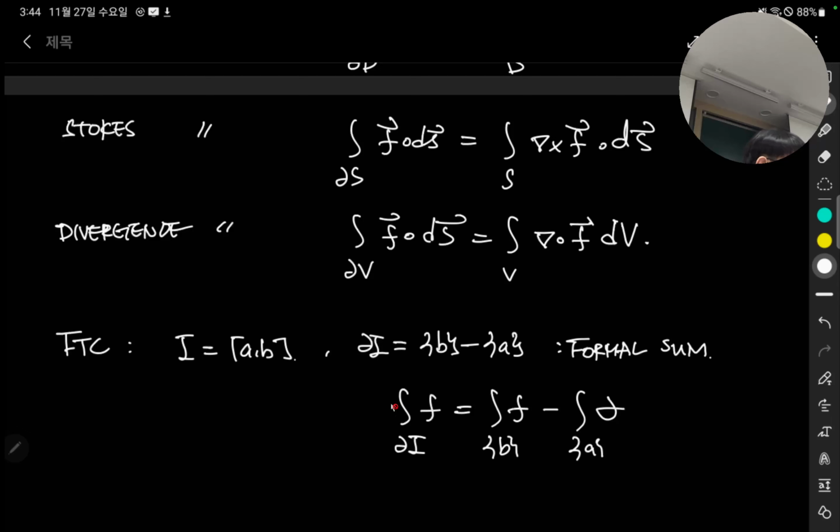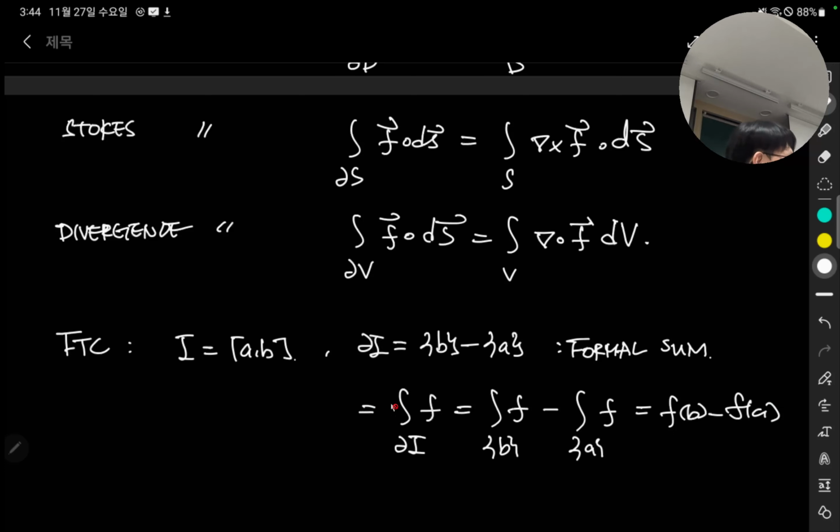So here, what I'm integrating is the function f on one single point. So in some sense, I'm integrating over 0-dimensional space. So what is it? It's just the function value, f(b) minus f(a). Okay, that's what I meant by integrating over the boundary of I.